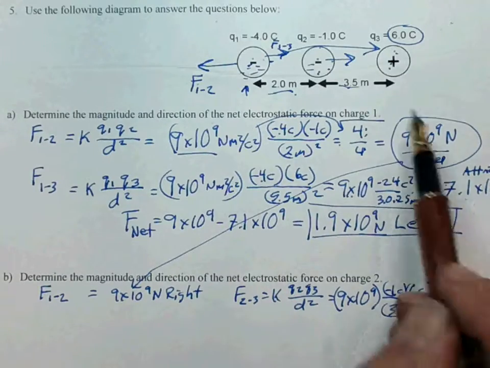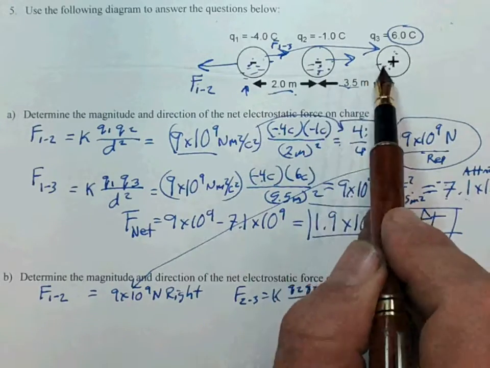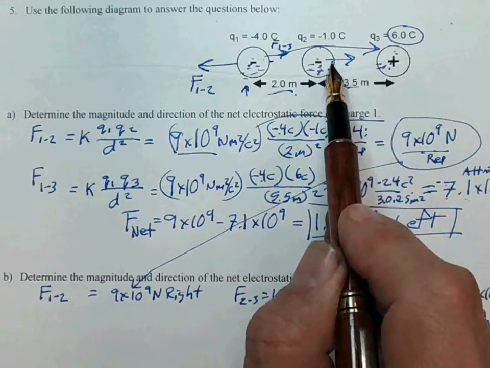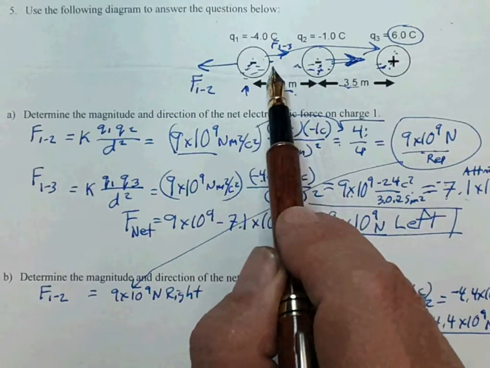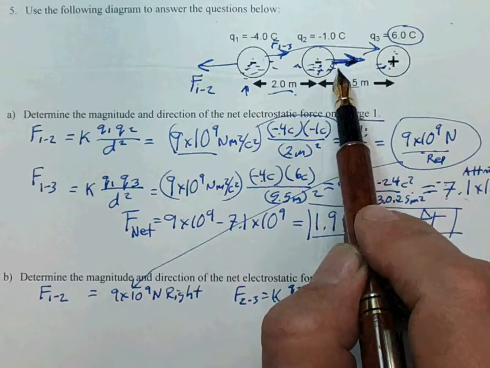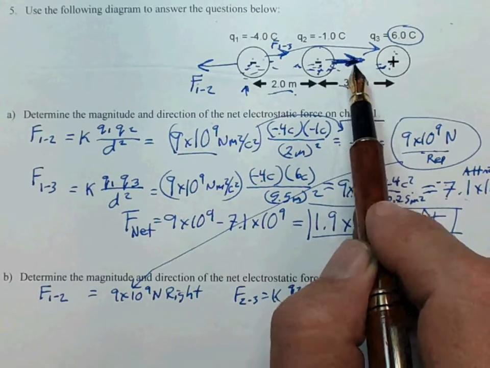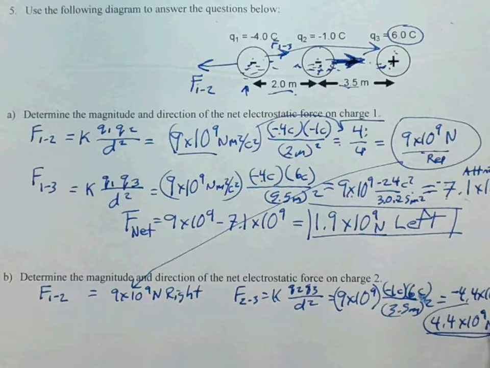What is the direction of the force on 2 between 2 and 3? So this is an attractive force. So there's a repulsive force between 1 and 2, which is pushing it in this direction. And then there's also an attractive force, which is pulling it in this direction. So the two of these are going to combine together. The magnitudes will combine.